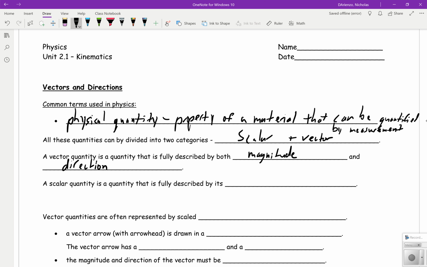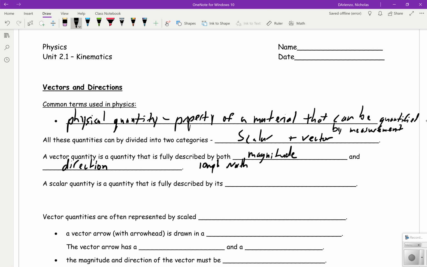We have a lot of vector quantities that, upon initial inspection, you might think, well, why do I need to describe the direction? And we'll get into those specific reasons for those specific quantities when we get to them. But any vector quantity has to be described in two ways, by the magnitude and the direction.